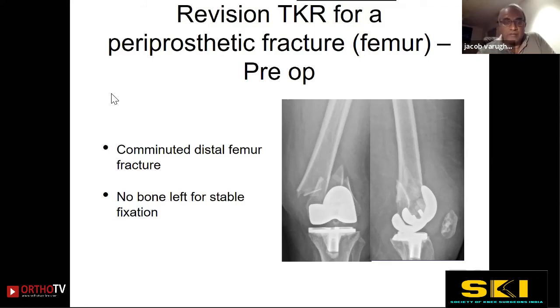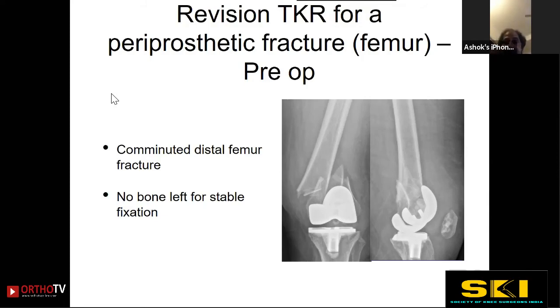We have written it up. So we use the nail to center it, so it reduces without me opening anything. I don't touch any of the soft tissues or the bone. Just through the intra-articular region, we put a nail in, so it aligns it, and then we put a plate. But of course, if there's no bone for the plate and the nail to hold, you'll need a tumor prosthesis.